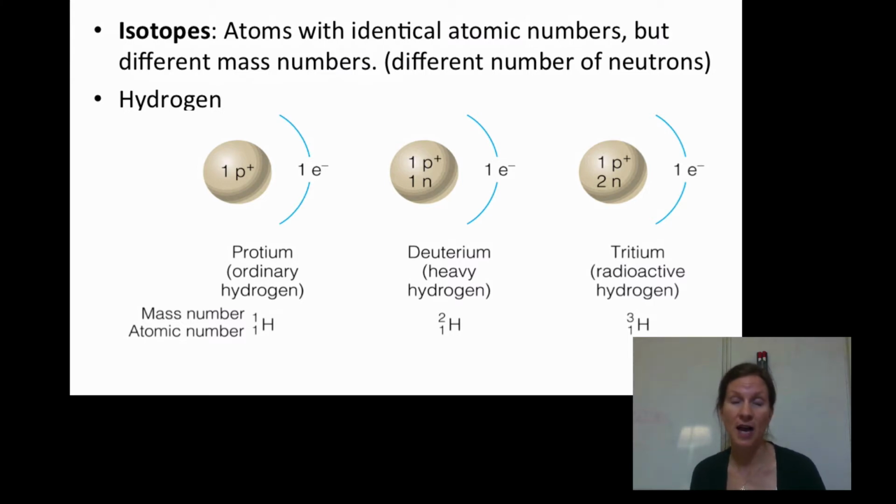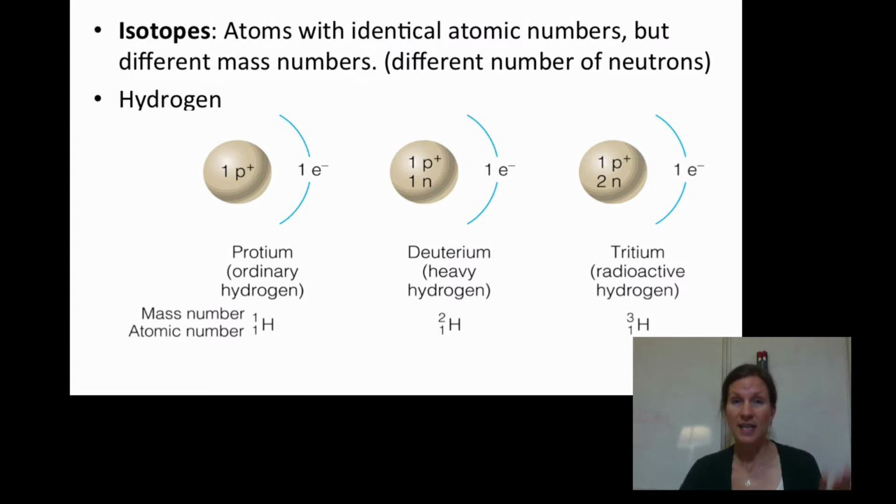Tritium, another form of hydrogen, still has that 1 proton, its chemical identity, but now has 2 neutrons for a mass number of 3. All 3 have similar properties in that they behave as hydrogen, but because of their numbers of neutrons, their nuclei have different masses and potentially different stability. Tritium is radioactive.